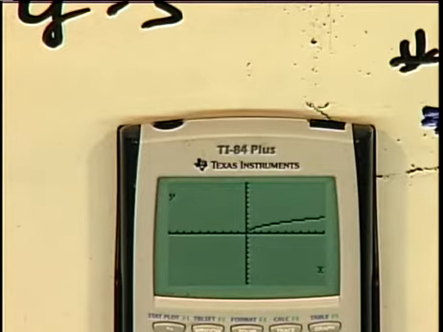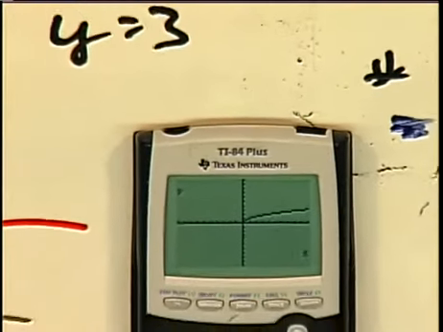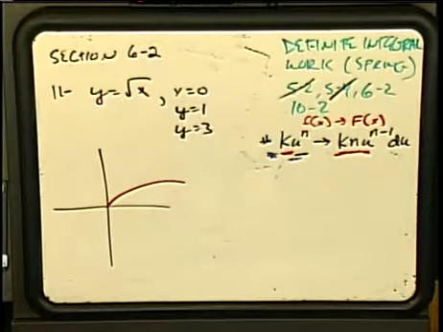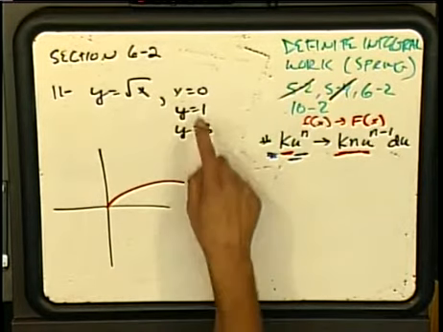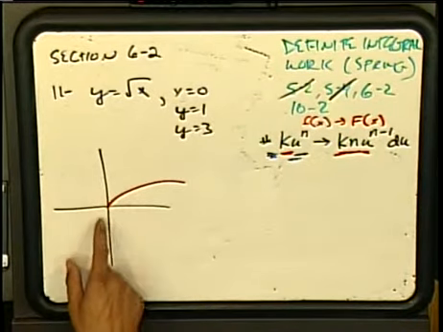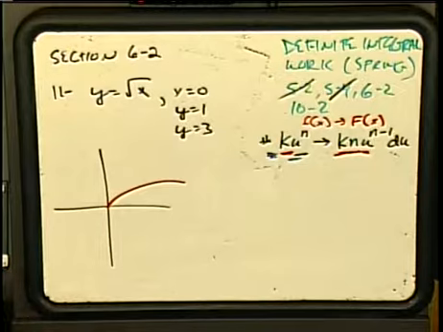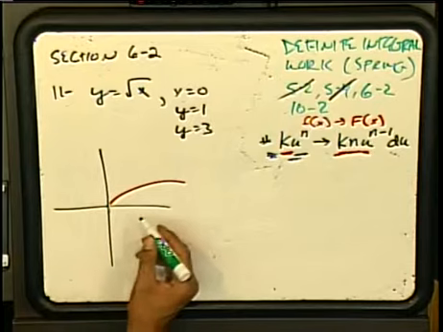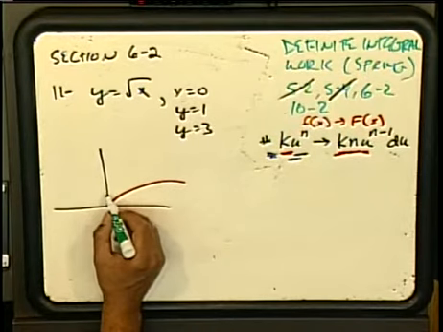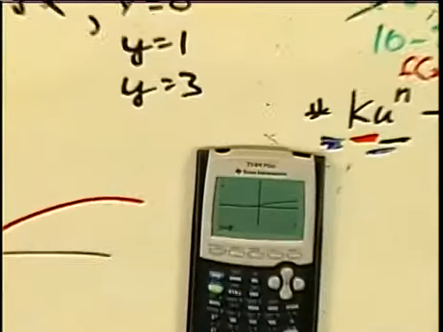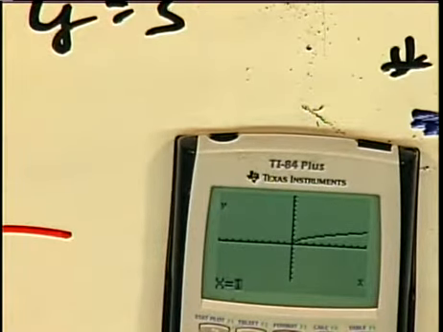It looks like this. And we want to find out where x equals 0 is, which is the y-axis. So one boundary, y equals 1, is right here somewhere. I'm going to find out exactly where it is from the value y.